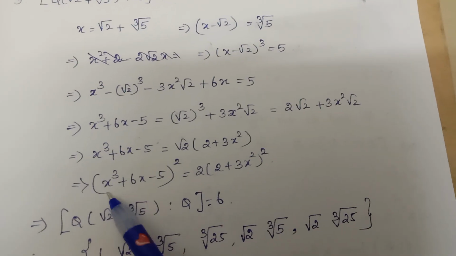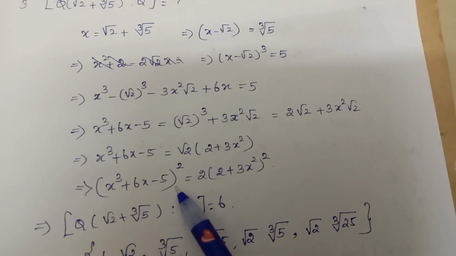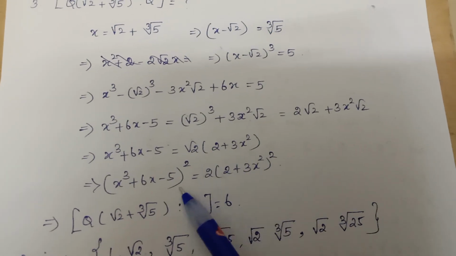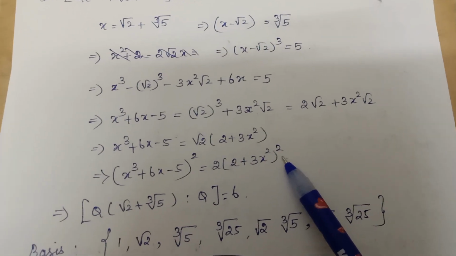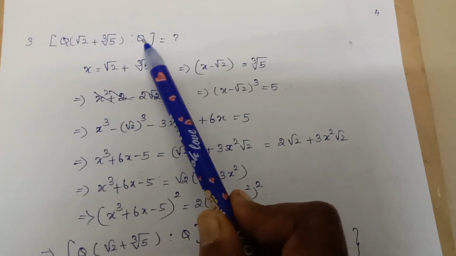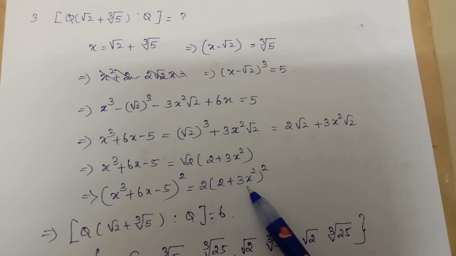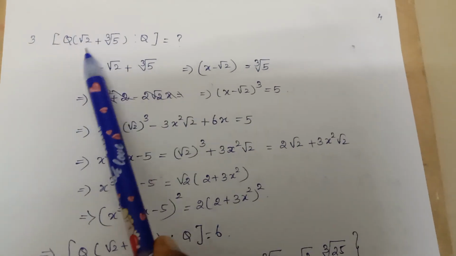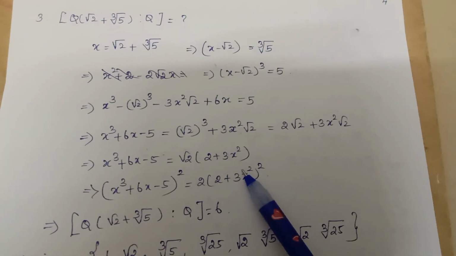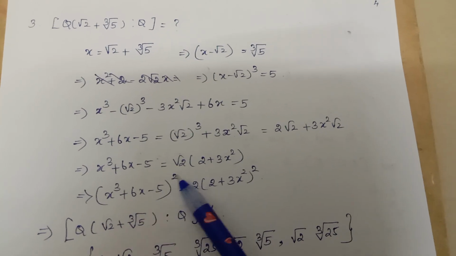Then what I get? (x cube plus 6x minus 5) the whole square equal to 2 into (2 plus 3x square) the whole square. Now I arrived at a polynomial equation which contains purely coefficients from the rational numbers Q. So this is the minimal polynomial satisfied by this root 2 plus cubic root of 5. So what is the degree of this polynomial? Degree of this polynomial is 6.